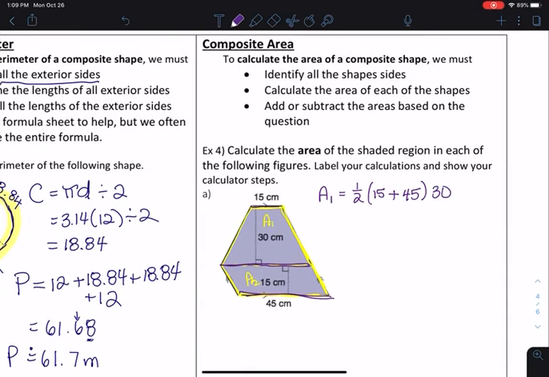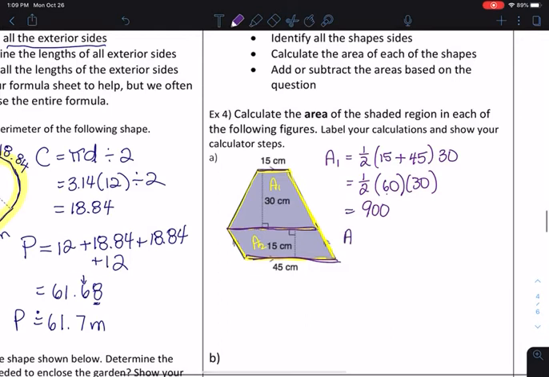I should have written the formula down first. Oh well. So I have 1/2 of 15 plus 45 is 60 times 30, and I can do all that in one step. So 1/2 is like 1 divided by 2, or 0.5, times 60 times 30, which gives me 900 for area 1.